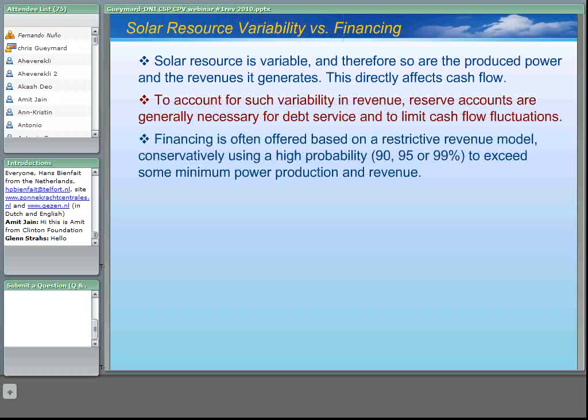And that's why all these financial institutions require so-called bankable data, and they require probabilities of exceeding some minimum power production and revenue, and they are basing their lending on that.